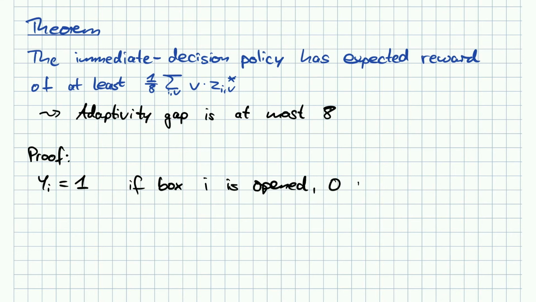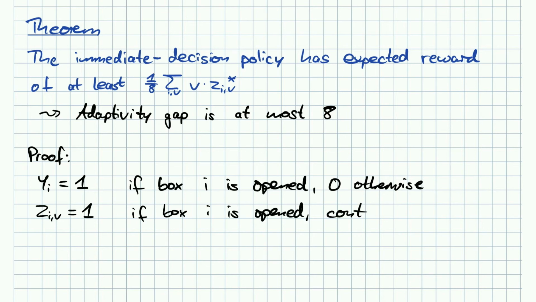It is 0 otherwise. And we'll have Z_{i,v} being 1 if box i is opened, contains v, and is selected. And we'll set this to 0 otherwise.